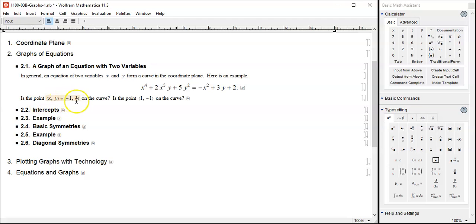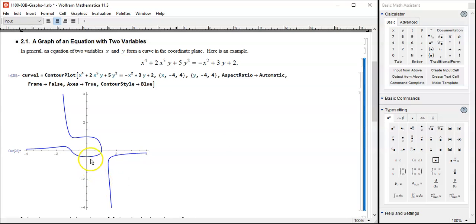So basically (-1, 1) is -1 step to the right, or 1 step to the left, and 1 step up. Let's see, 1 step to the left, 1 step up. Looks like we have this point over there, and that point looks like it's right on the curve.